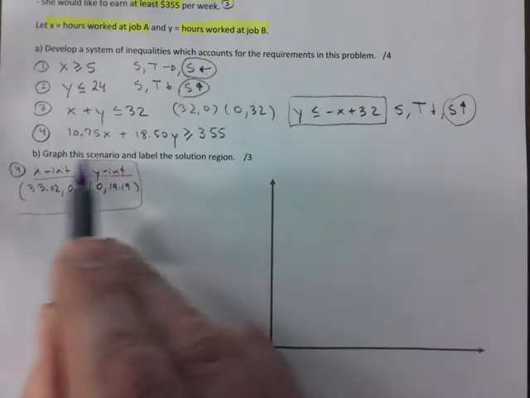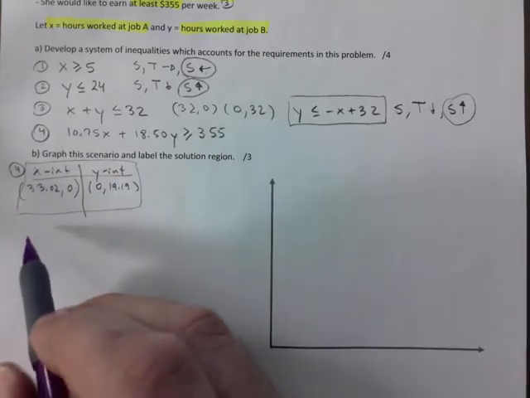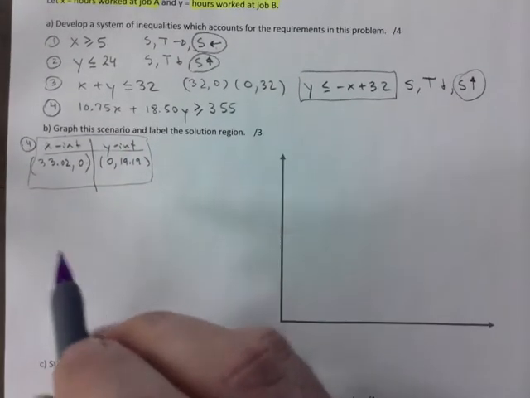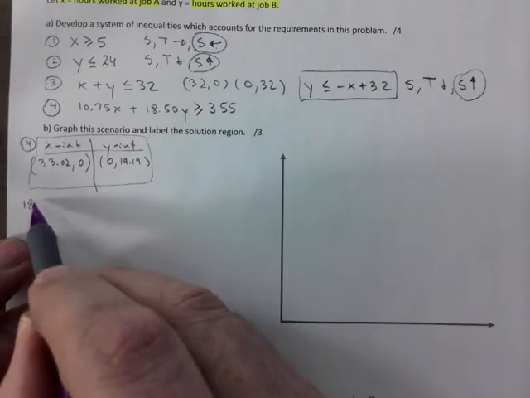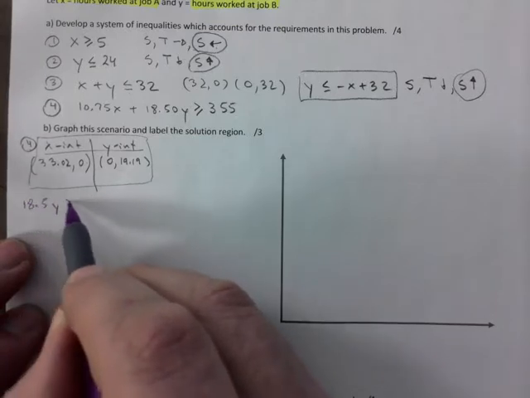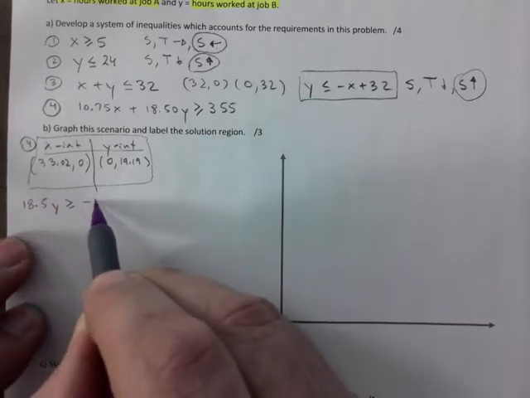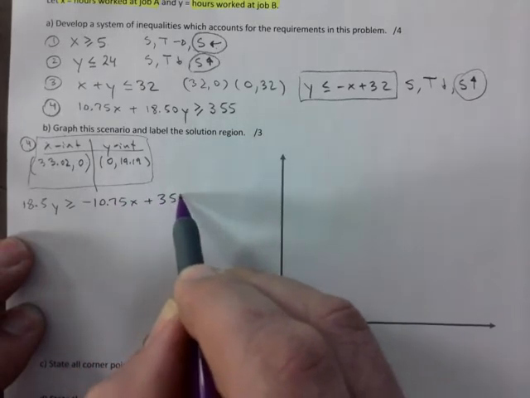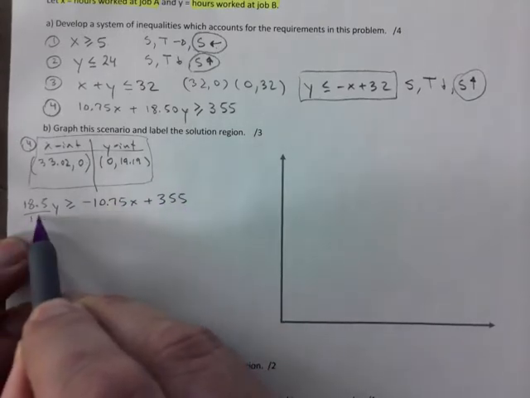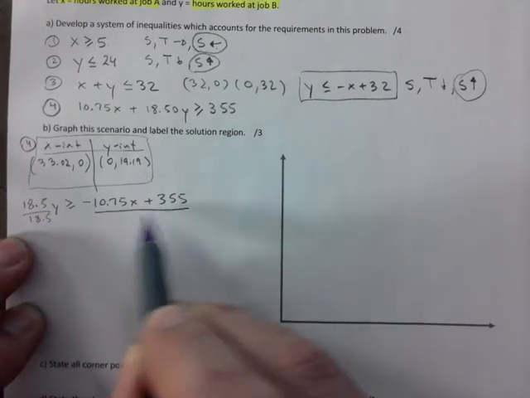I'm just going to give you that little package there. Rewriting this is kind of ugly, but if you're consistent, I'm going to say that it's 18.5y greater than or equal to negative 10.75x plus 355. And here's the kicker. The 18.5 divides both.